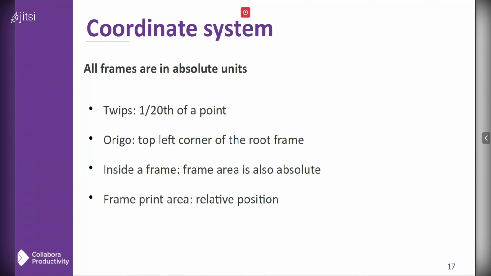For all the frames we talk in terms of absolute twips. The top left corner of this canvas is the 0, and then we always calculate in twips. This has the benefit that this is a reasonably small unit, so you can just calculate in integers, and it's relatively rare that this leads to rounding problems.